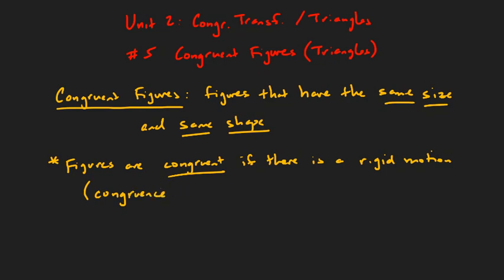Because again, remember, rigid motions are congruence transformations because they preserve size or length and angle measure. So if there is a rigid motion or a congruence transformation that maps one figure onto the other.